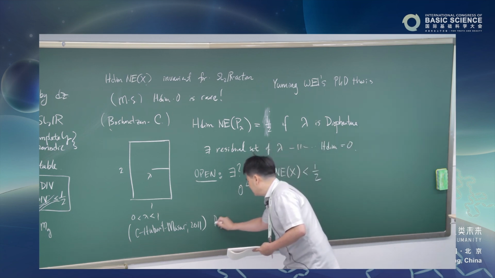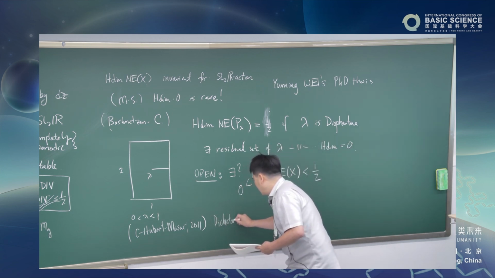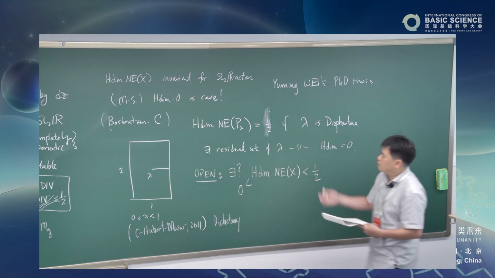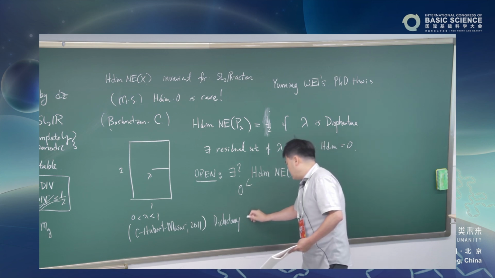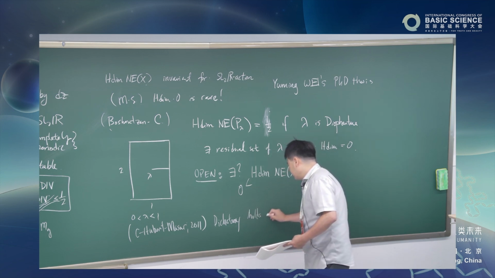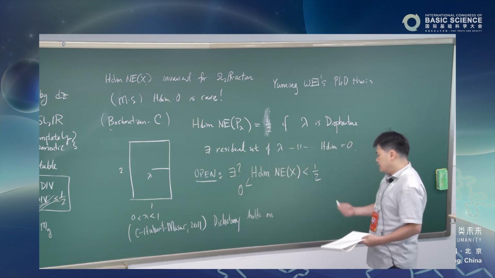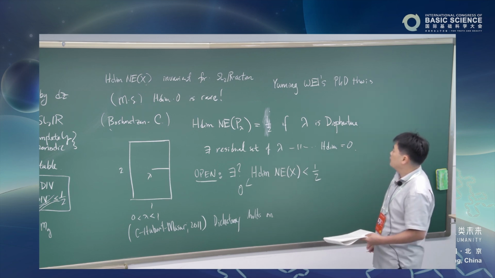So the Hausdorff dimension is either 0 or 1/2 for all values of lambda, and the condition for which it holds depends on the continued fraction of lambda.